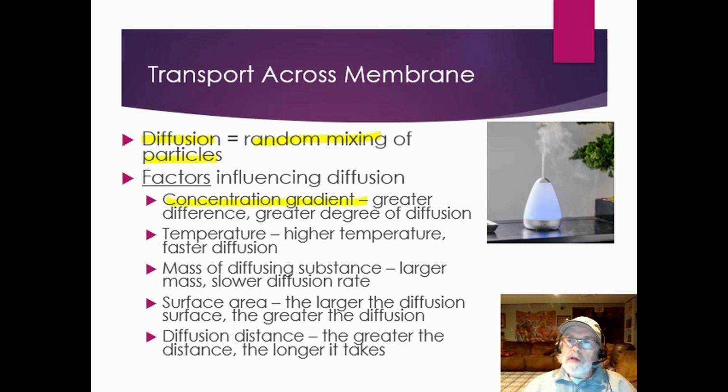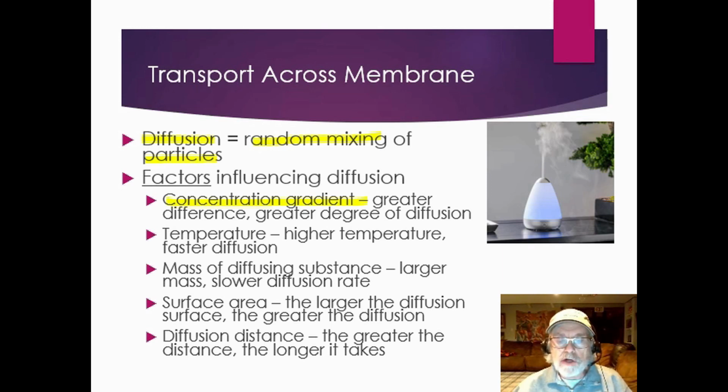Okay, the greater the difference in the concentration from one side of the membrane to the other, the greater the degree of diffusion. The idea is we all want to get to a point of what's called equilibrium, where it's balanced, like we talked about in our first discussion so long ago. Everything wants to be balanced, and we talked about homeostasis as a balance.